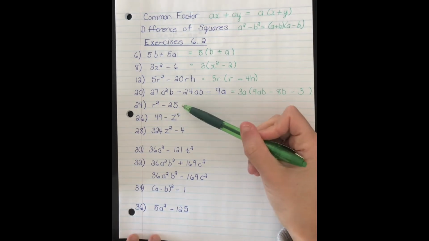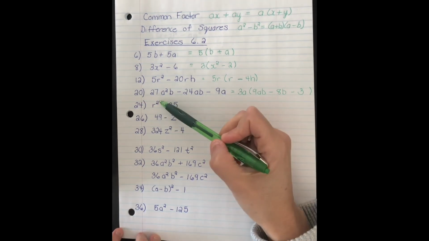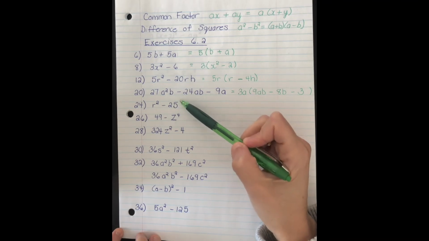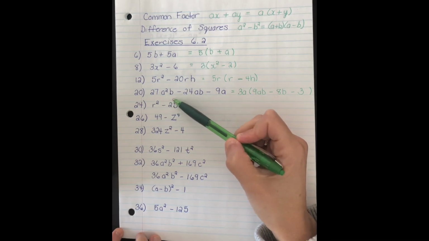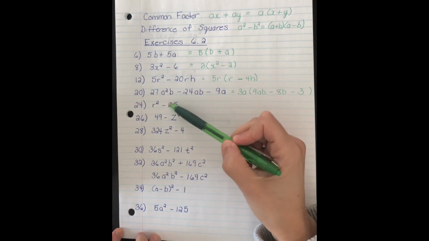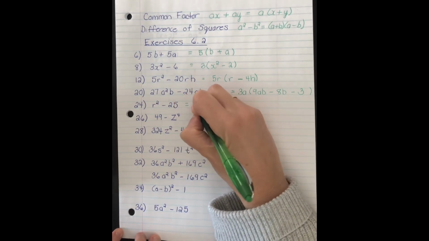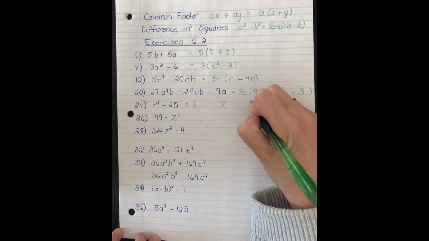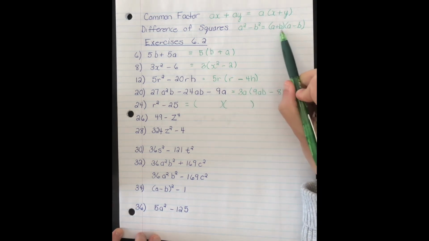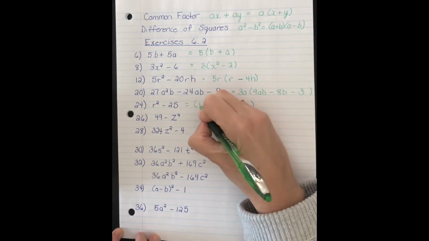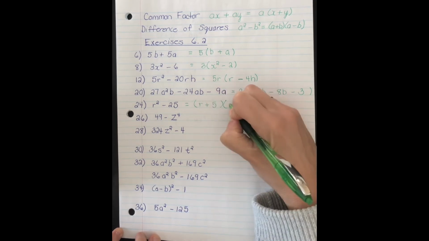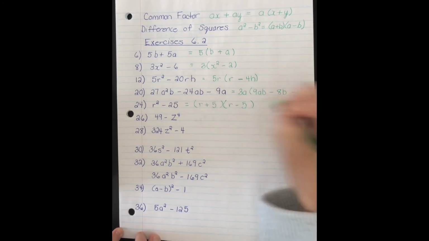Okay, now we have our first example of difference of squares factoring. This is a perfect square, and 25 is also a perfect square since it is 5 squared. So that means we can write, using the formula, r plus 5, r minus 5.